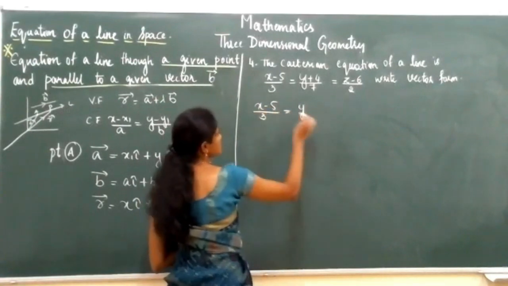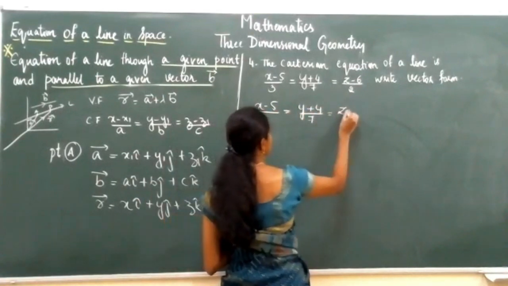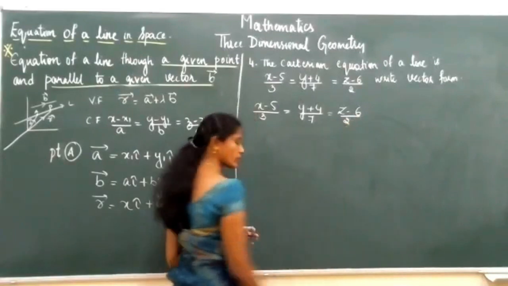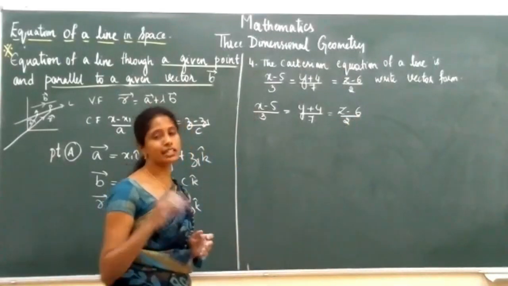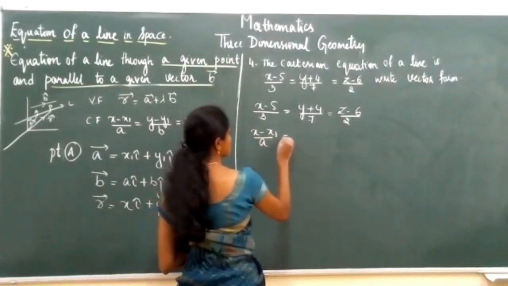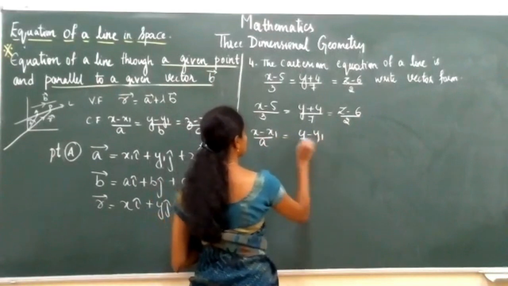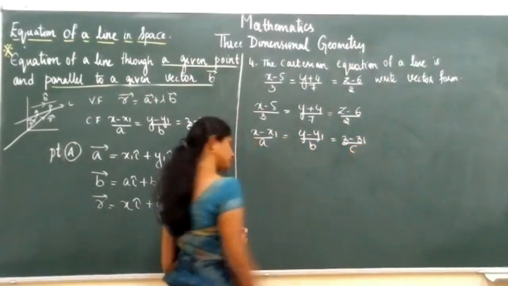So it is x minus 5 by 3 plus y plus 4 by 7 is equal to z minus 6 by 2. Okay, let us compare this with the general Cartesian form, that is x minus x1 by a, which is equal to y minus y1 by b, which is equal to z minus z1 by c.